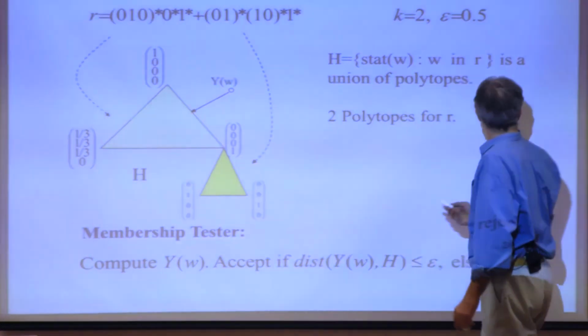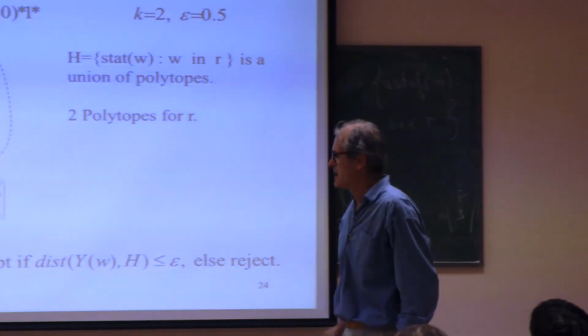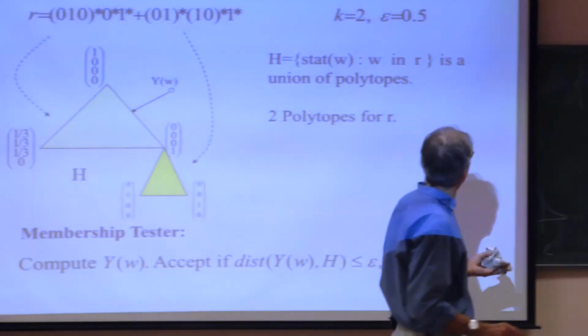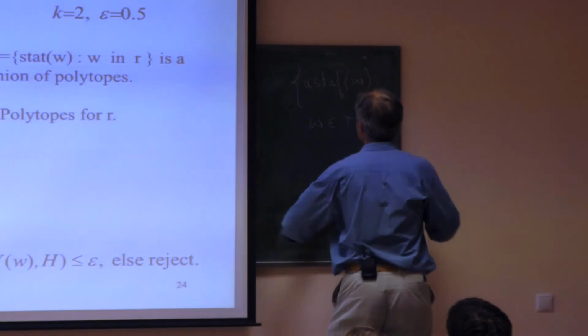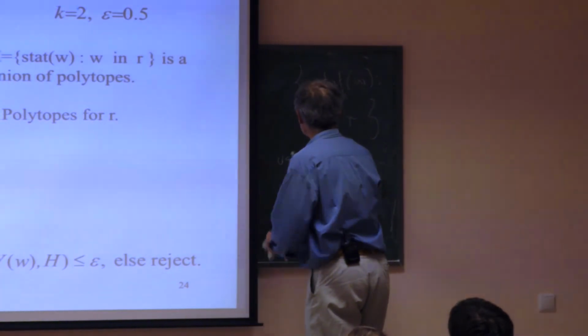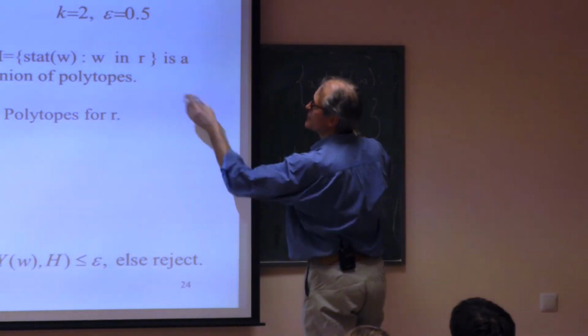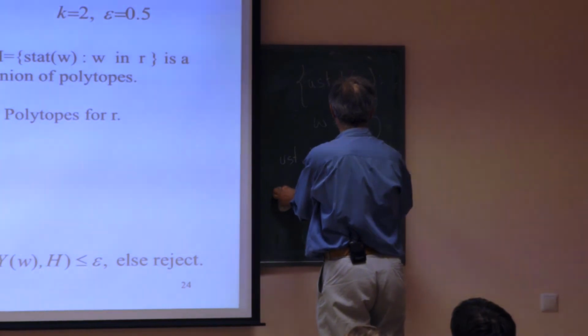All right, so now let's define a U-stat vector for a loop as follows. This is a definition. What should U-stat_k of some loop be, for example, (0 1 0)*?